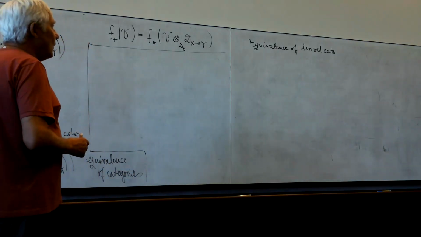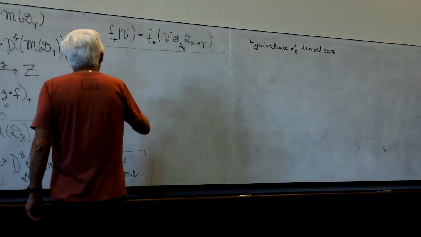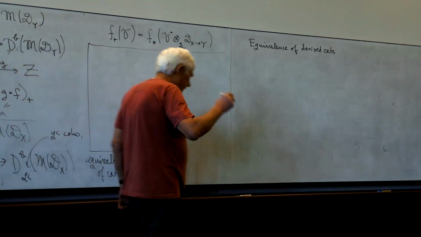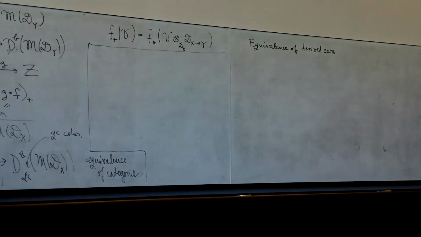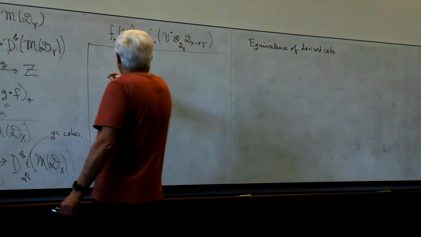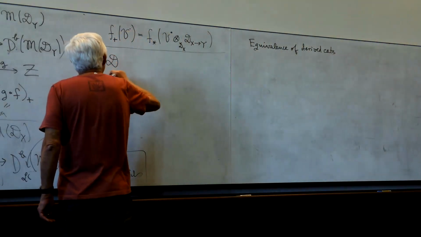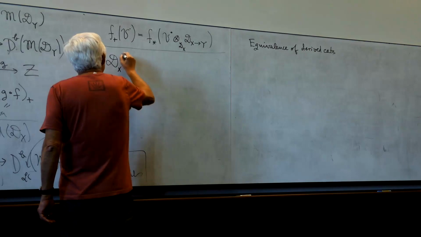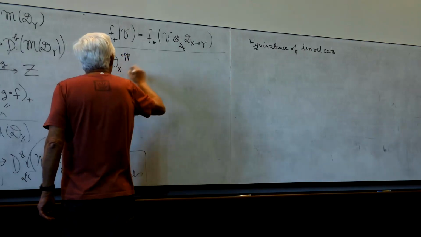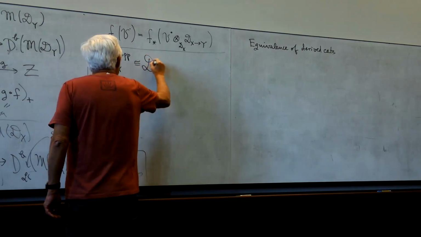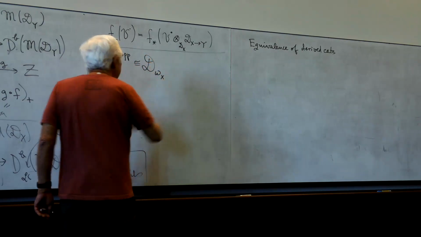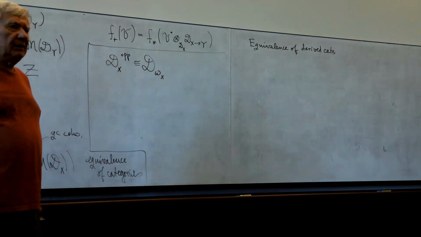Okay, so if you look at this, multiplying a left module by a bundle gives a right module. If you interpret this, it implies that D_X is isomorphic to D_{ωX}, where this is the canonical bundle.